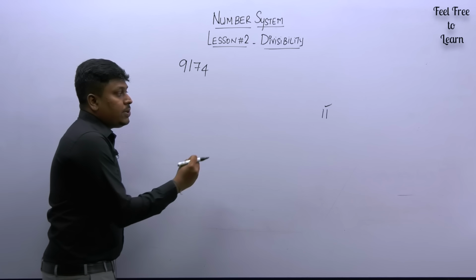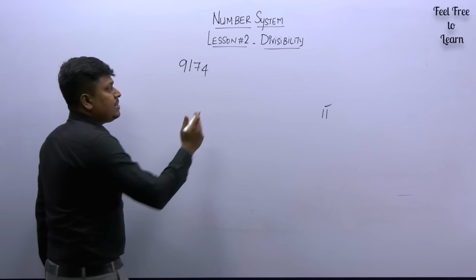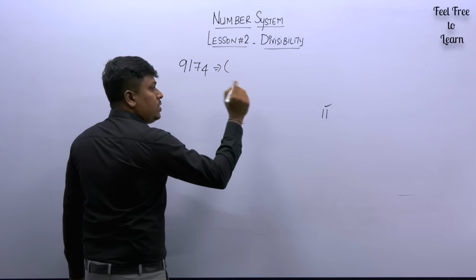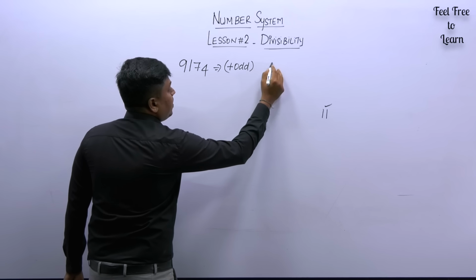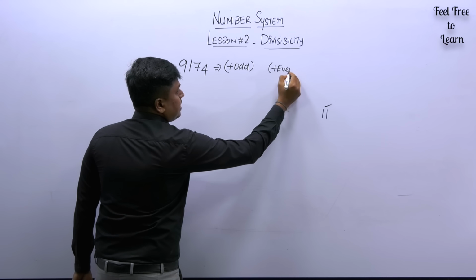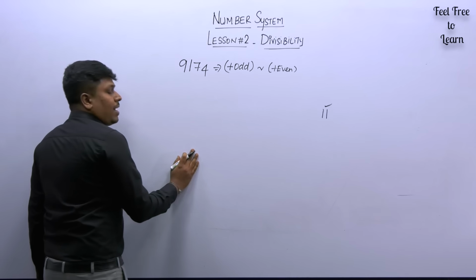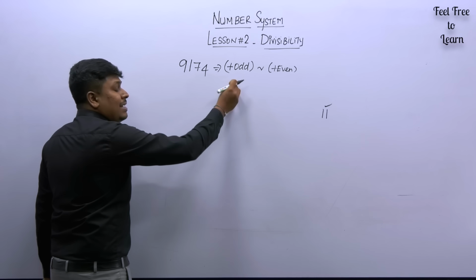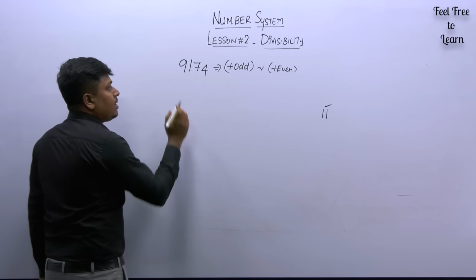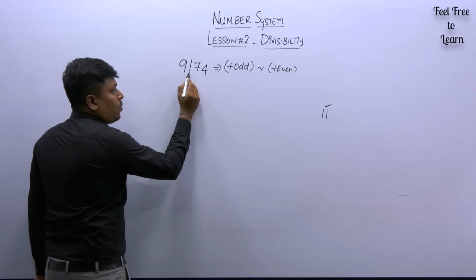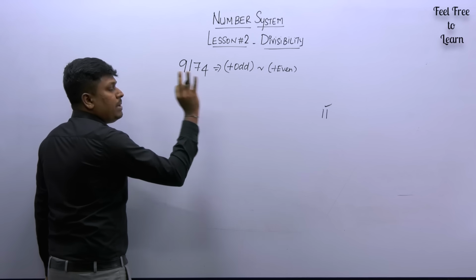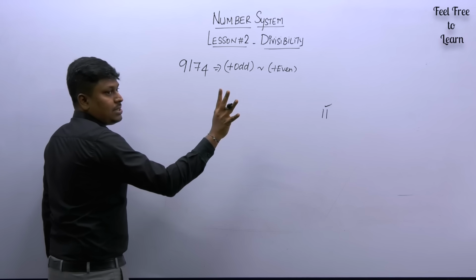The divisibility rule of number 11 will be very easy. What you need to do is add all the odd digits and add all the even digits, and find the difference. Then check whether the final answer is divisible or not. Just see here, 9 is the first digit, 1 is the second digit, 7 is the third digit, 4 is the fourth digit. Got it or not?